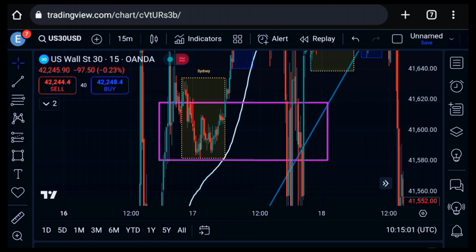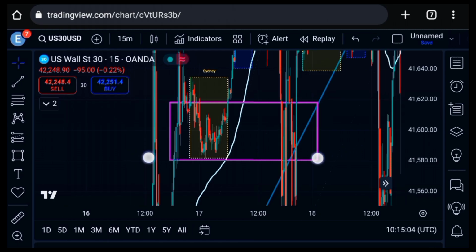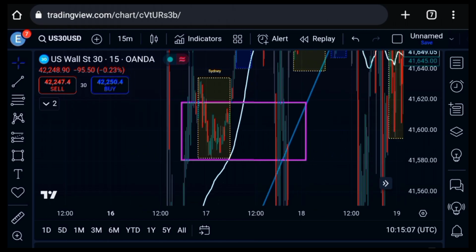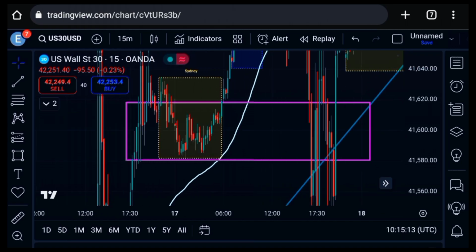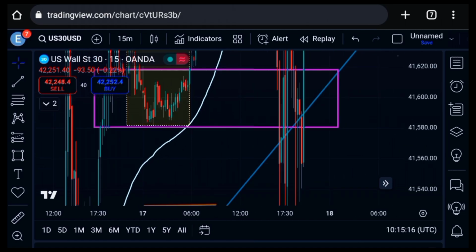What we need is for this Asia low to be taken on this very zone. Once the Asia low is taken, that is because we are going to take a buy trade. So Asia low has to be taken. If we are taking a sell trade, then Asia high has to be taken.